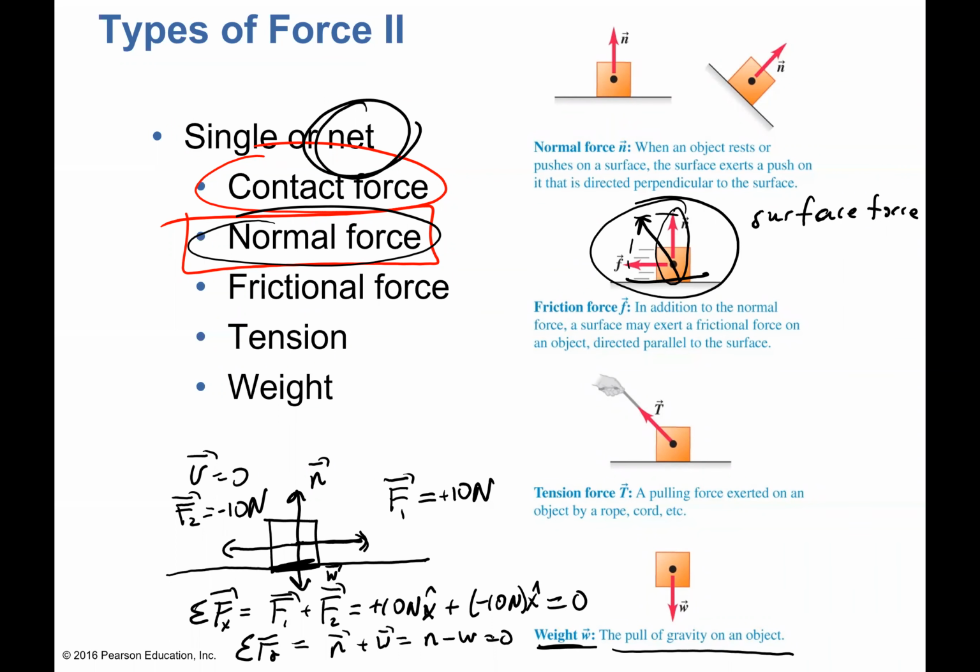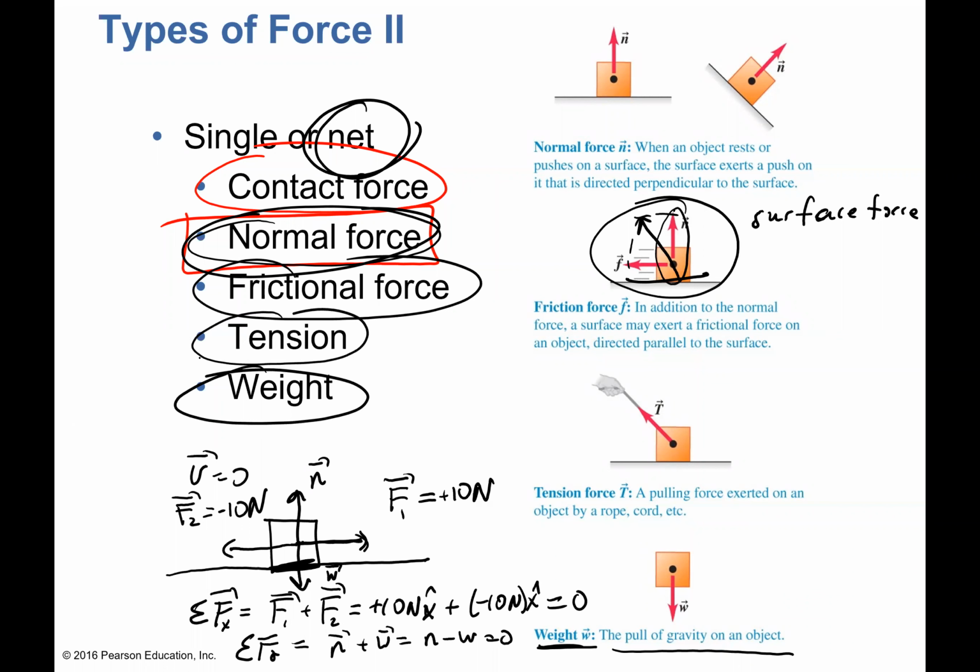All right, in any case, there's a normal force, there's a frictional force from the surface, and there's weight, which we just talked about, from gravity. Well, there's also now tension. What is tension? Remember I showed you that you can pull something by a rope. Every time an object is being pulled by a rope, you draw the rope, and we take that force to be a tension, a capital T with an arrow.